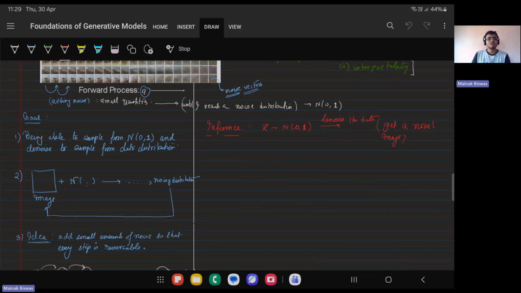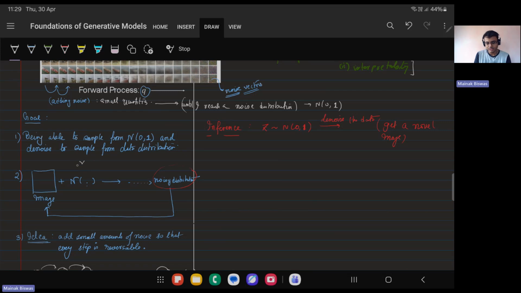And then you keep adding noise, and then you get this noisy distribution. This process is a stochastic process, but it's a Markov chain.